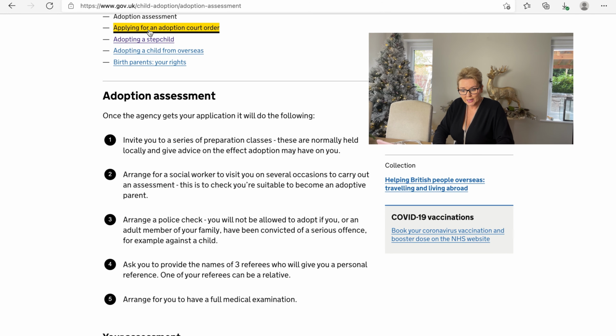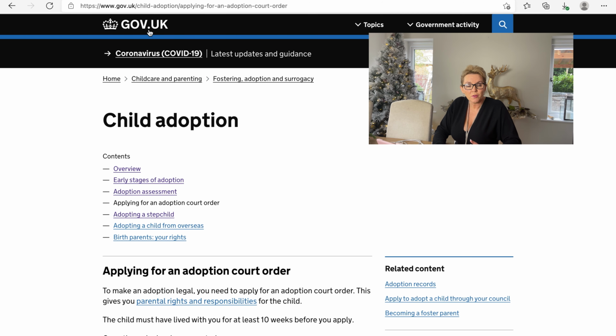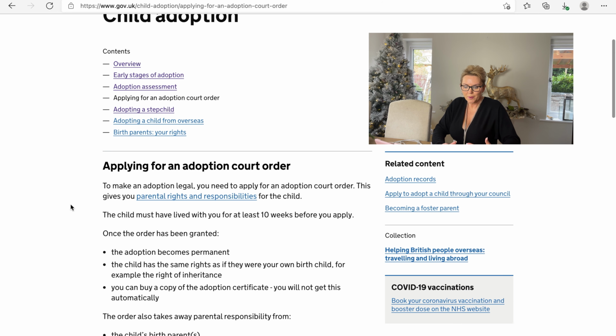Now, the next page talks about applying for the adoption court order, okay? And this is where it will go into the fact that adoption gives you parental responsibility. Now, the TikTok video that I did briefly looked at the fact that if two people are adopting a child, anybody else who perhaps has parental responsibility will lose it.